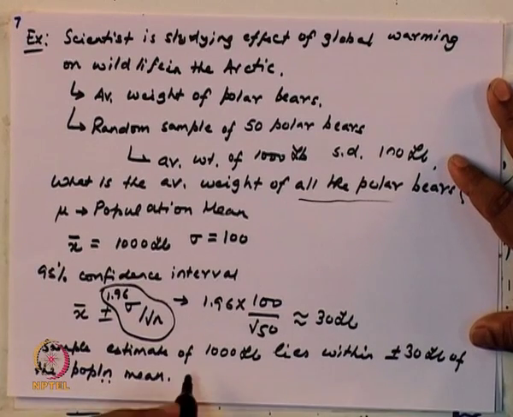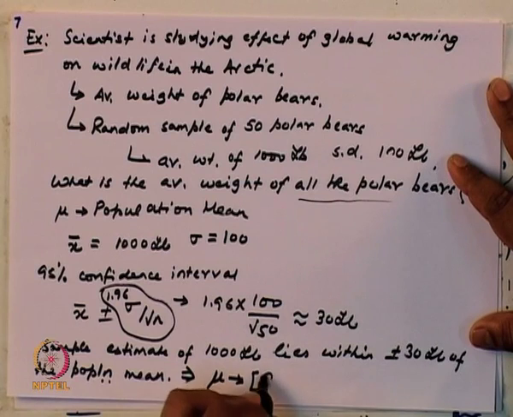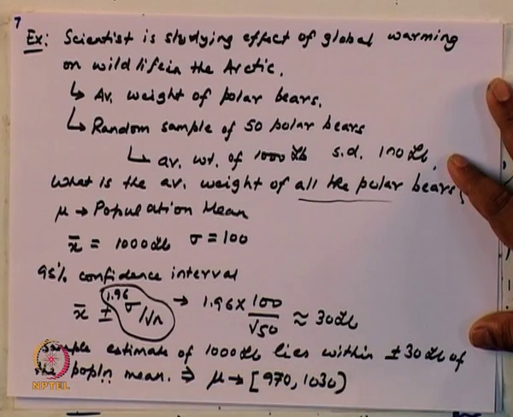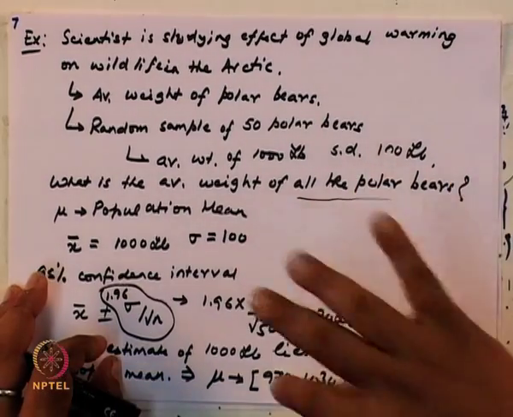Implying the population mean must lie between 970 and 1030 pounds.